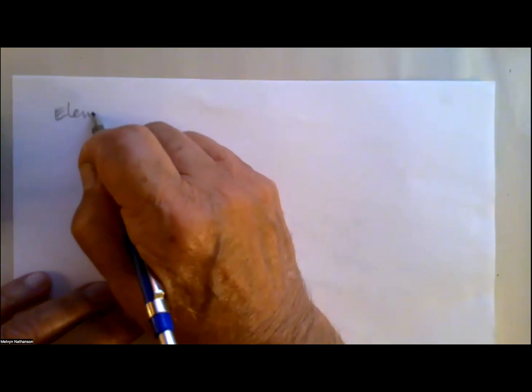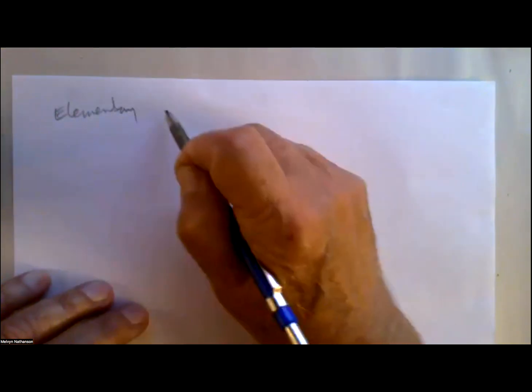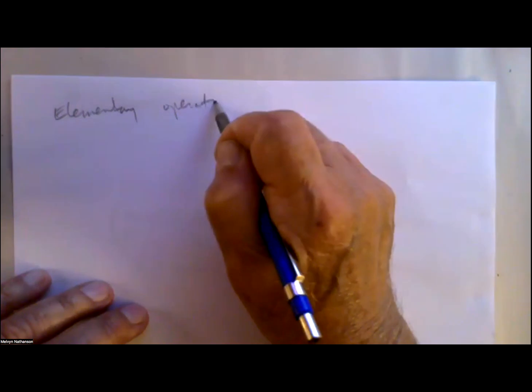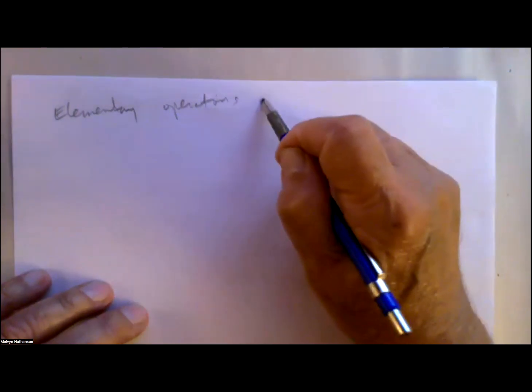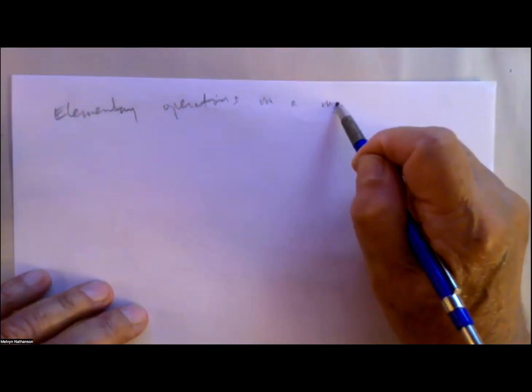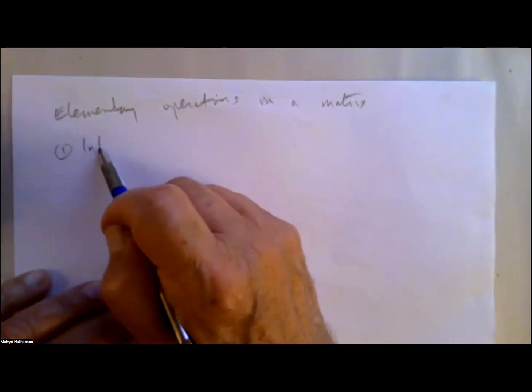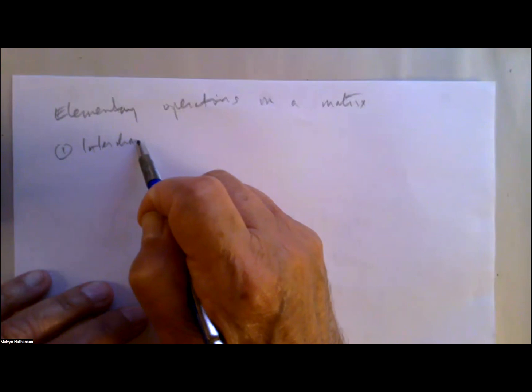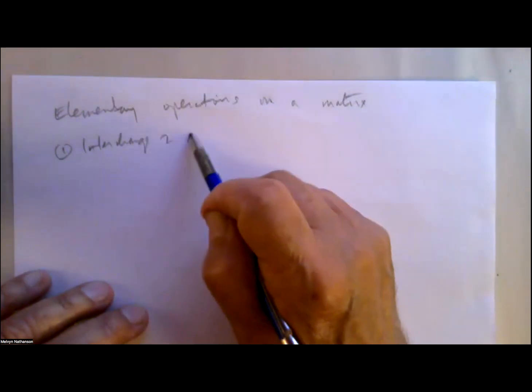So this is a list of three elementary operations on a matrix. The first is to interchange any two rows.